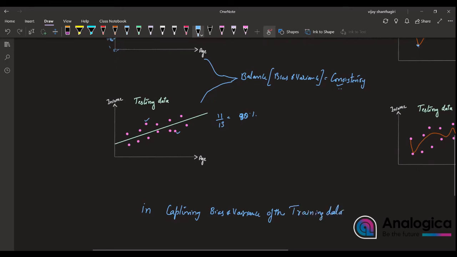If you achieve this balance, then you will have good results on the testing data. Okay, so that's the whole idea.